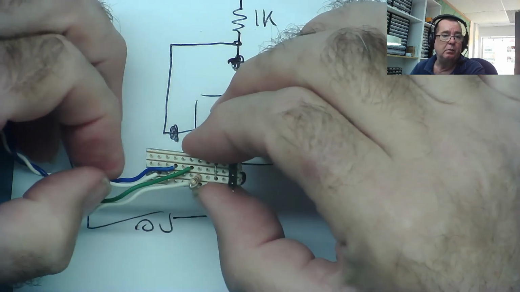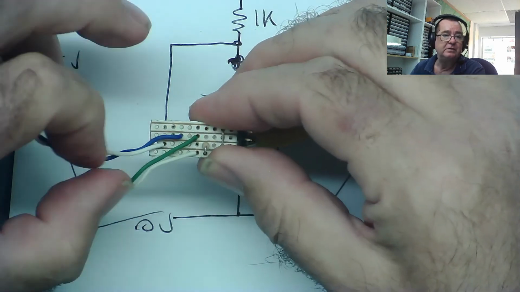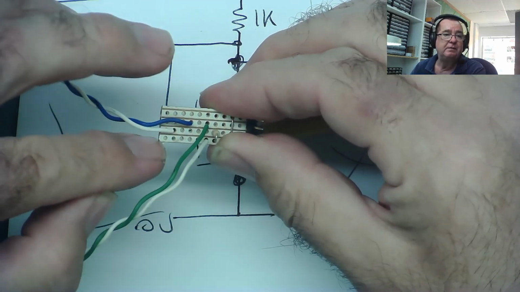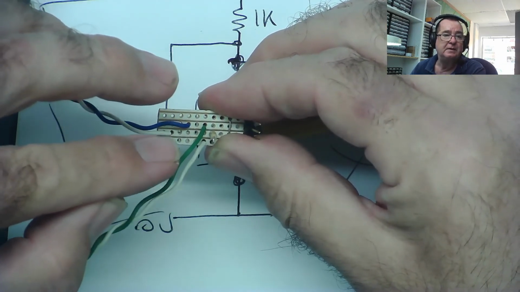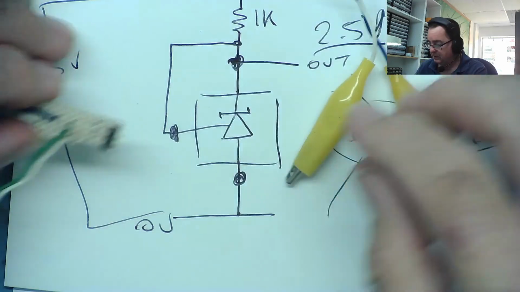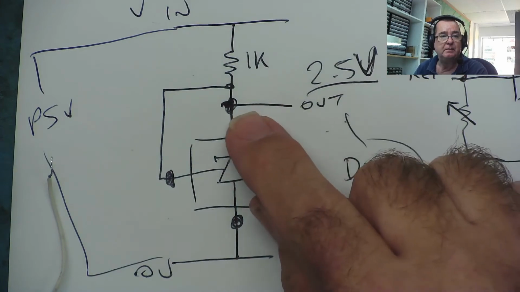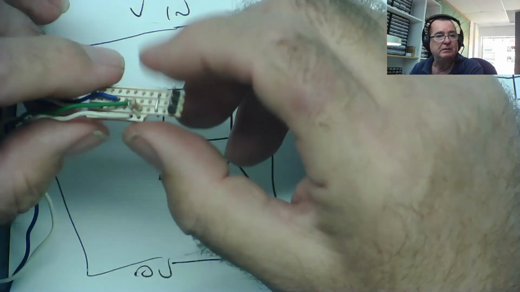And the white wire here connects to the other end of this resistor. So this is your 5 volts or whatever coming in, and this here is your V out. That's the other end of this resistor. So you see I built a very simple little device.